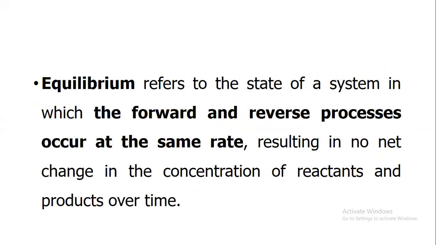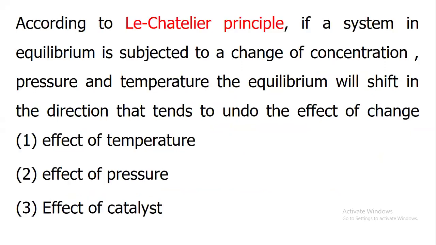Equilibrium refers to the state of a system in which the forward and reverse processes occur at the same rate, resulting in no net change in the concentration of reactants and products over time.